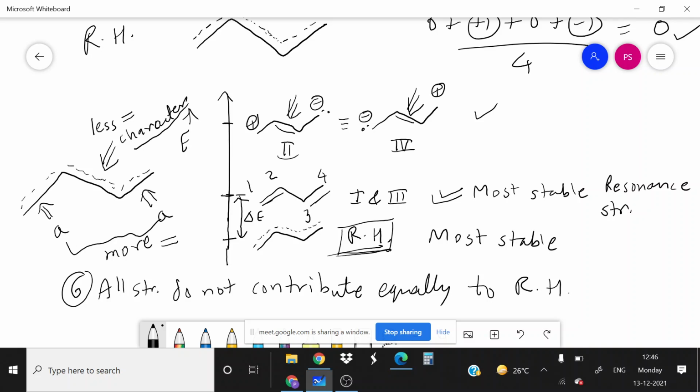Okay. Of course, due to resonance, a double bond acquires partial single bond character and a single bond acquires partial double bond character. But still, the double bond character is different in between the first and second, and in between the second and third bond.